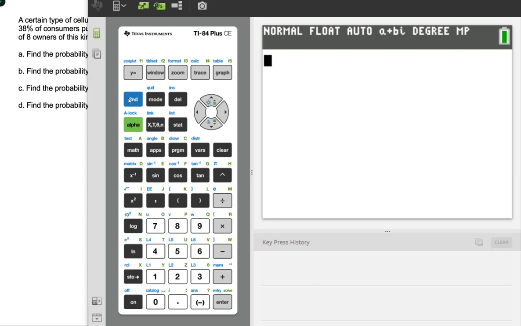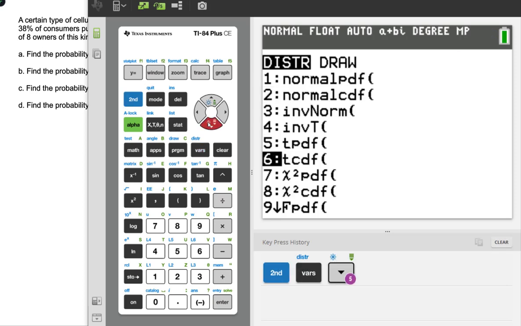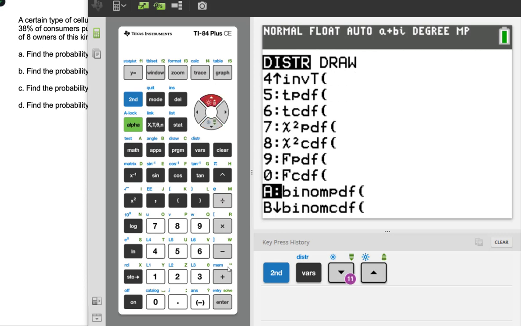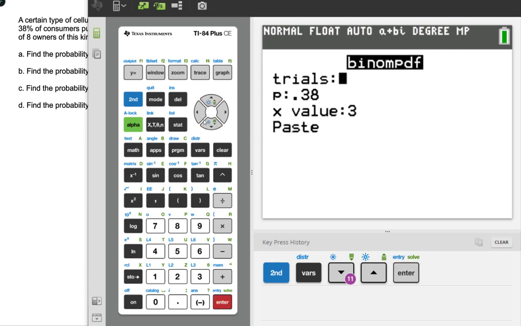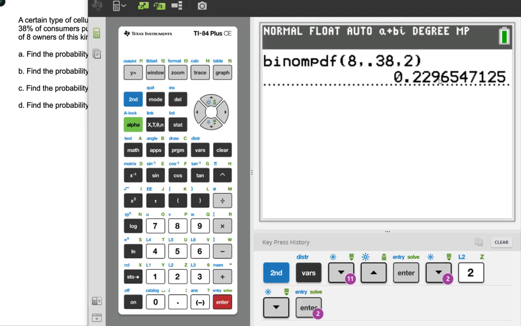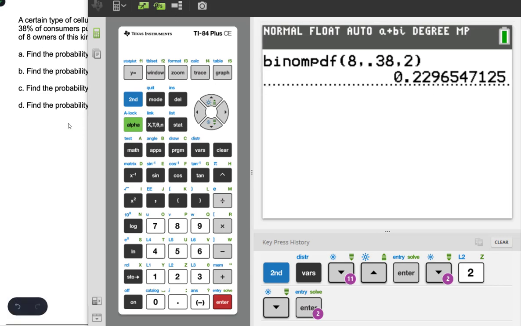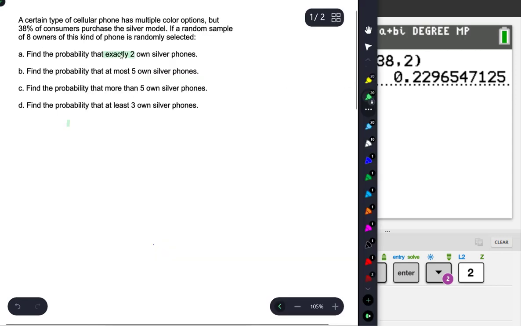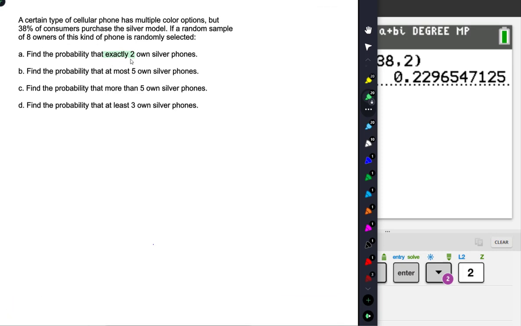I'll go into binomial PDF, the number of trials is 8 still, P is still 0.38, but this time X is 2. I paste that to the home screen, press enter, and I get that probability value directly, 0.2297. So the important thing to remember is that the wording of exactly some number of successes out of a group is when you use binomial PDF.